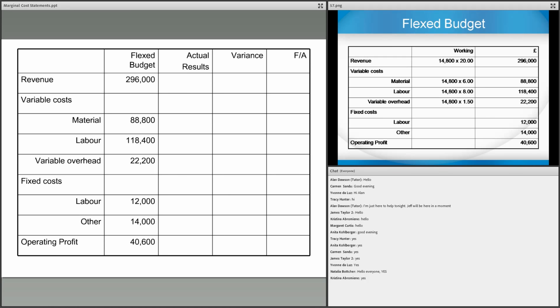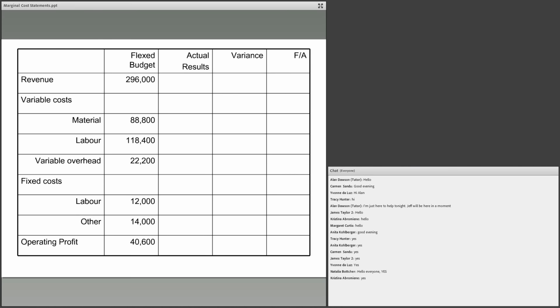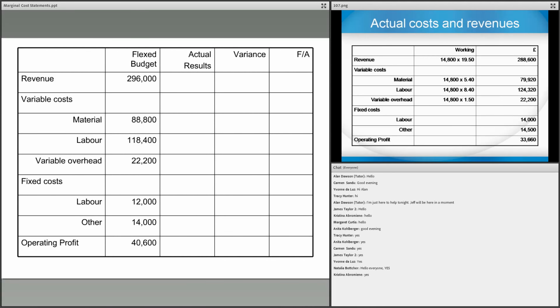What we then do is put the actual results into the corner there. And there they are. And once again, it's just a matter now of copying the figures in. 288,640, 79,920, 124,320, fixed costs, and our operating profit.